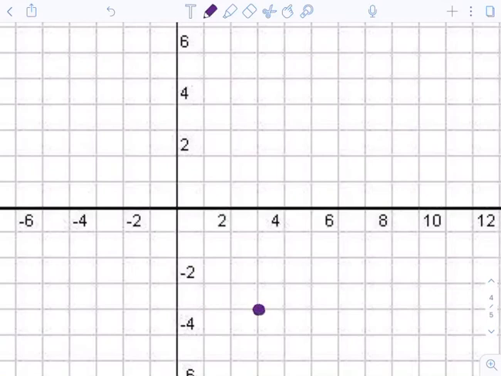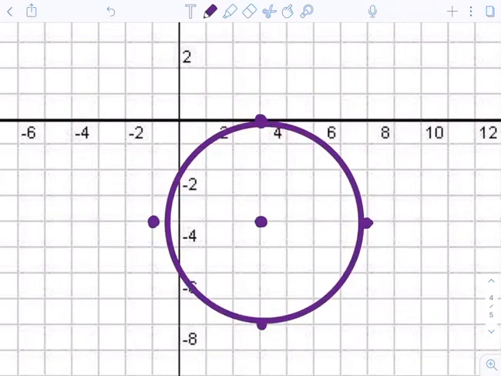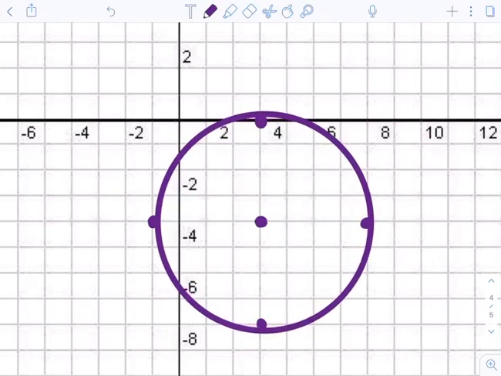So here's my center. The radius is 4, so I'm going to count up 4. I'm going to count to the right 4. I'm going to count down 4. I'm going to count to the left 4. Connect your 4 points. And we have our circle.